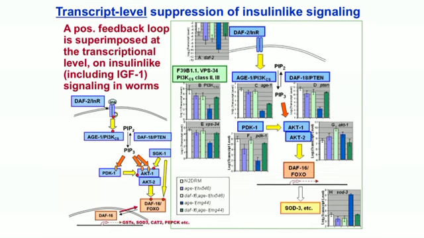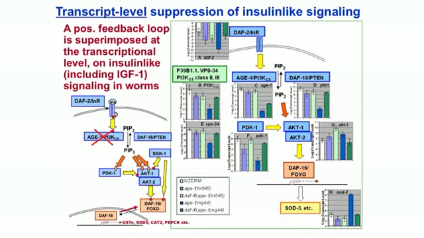So you're going to hear a lot of nexts here. This is a description of what normally happens. On the left you have the insulin receptor, which is here called DAF2, and it is responsible for activating by phosphorylation the AGE1 PI3 kinase.